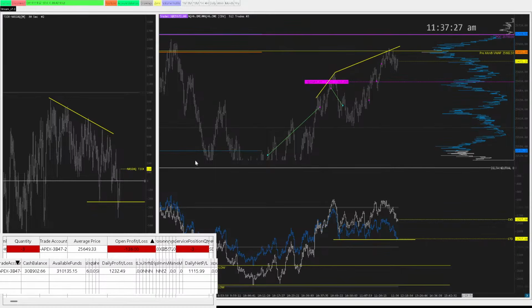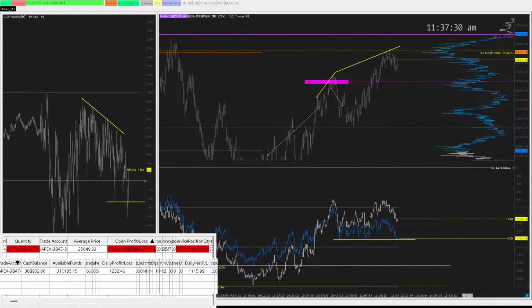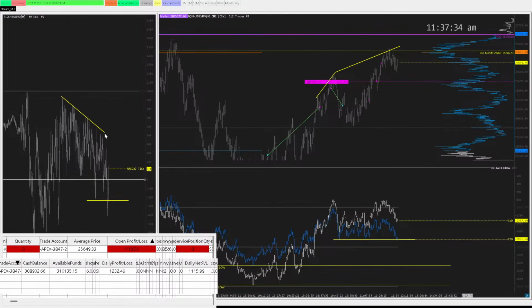Just trying to position myself on the right side of things briefly so I can get out with some profit. And that's the thing too, like I said earlier, it's not about being right necessarily and guessing what the market's going to do from one day to the other, it's just getting yourself into a profitable trade, right?